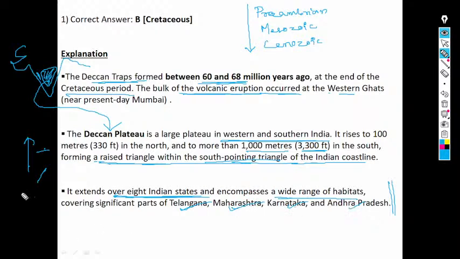Particularly, it spreads over Telangana, Maharashtra, Karnataka and Andhra Pradesh.